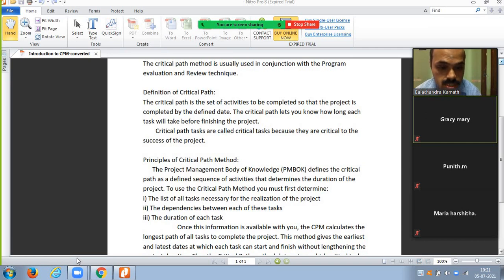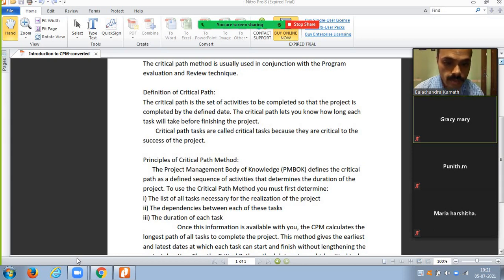Now, the dependencies between each of these tasks. For a particular project there might be 3 tasks or 5 tasks, and dependencies between these tasks means whether they are all independent of each other or dependent on each other.